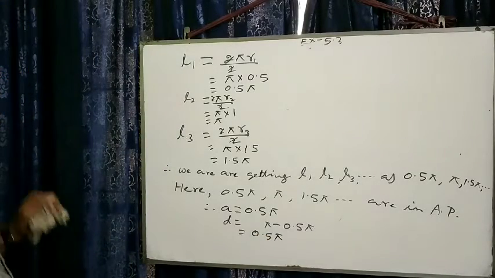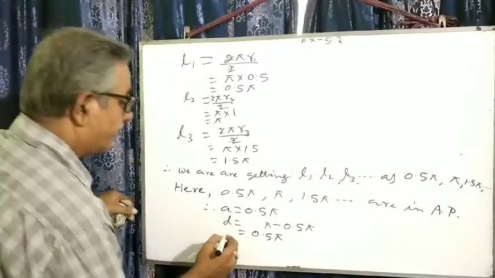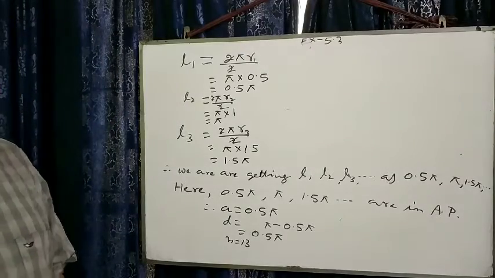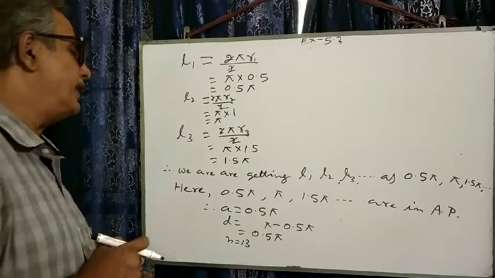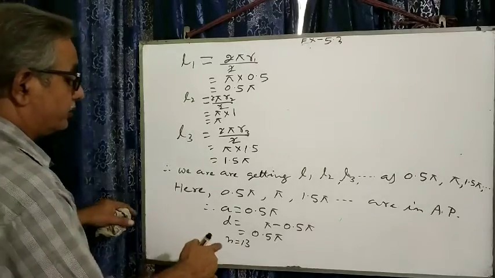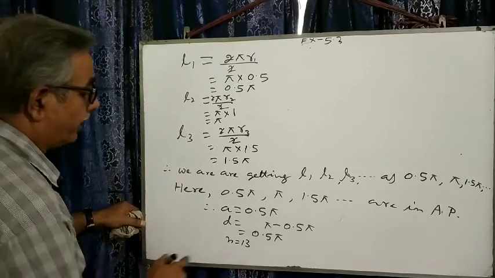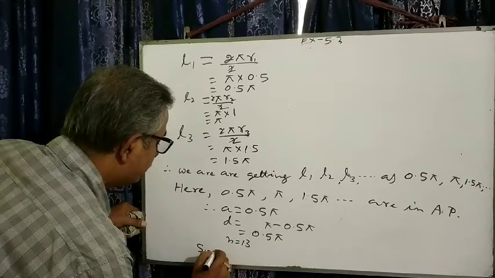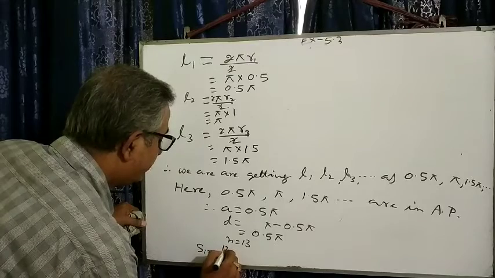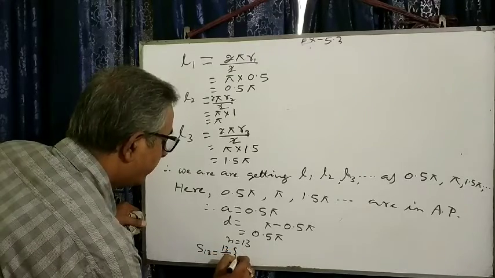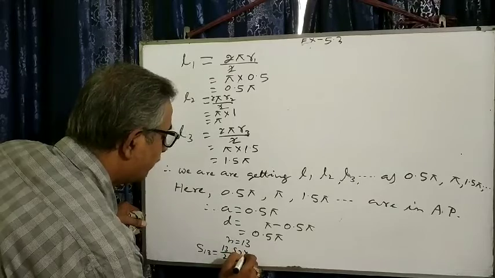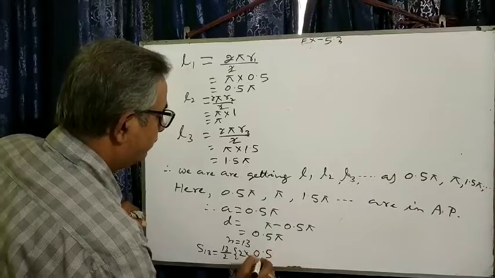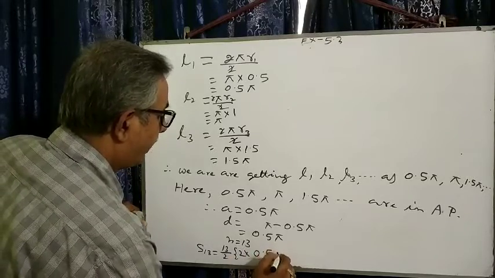Now n is equal to 13, because you have to find the sum of 13 consecutive semicircular arcs. So S13 is equal to 13 by 2 into twice A, and A is 0.5 pi.